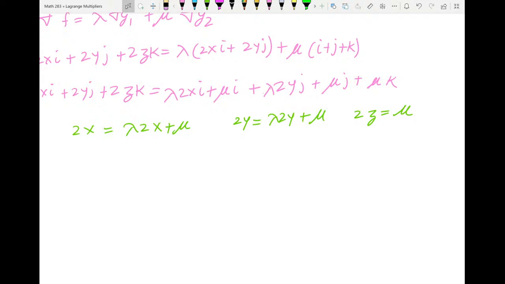Now, this is a little bit tricky one. Yeah, we gotta do it this way. So 2x minus lambda 2x, minus that.